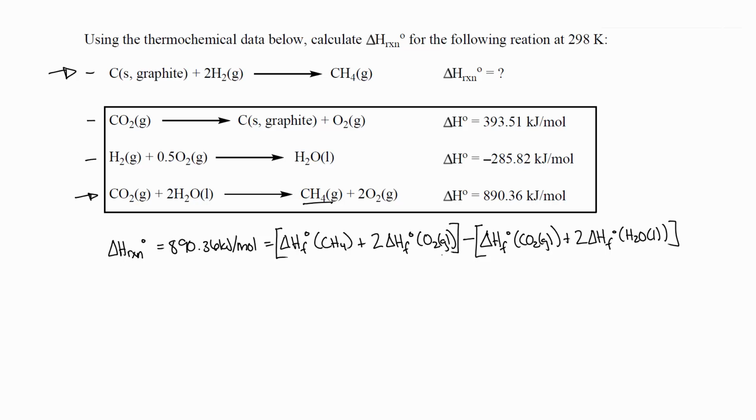Okay, so the enthalpy of formation of methane is what we're looking for, so we don't know anything about that yet. We know that since oxygen as O2 gas is its standard state, this enthalpy of formation will be 0, so that will go away.